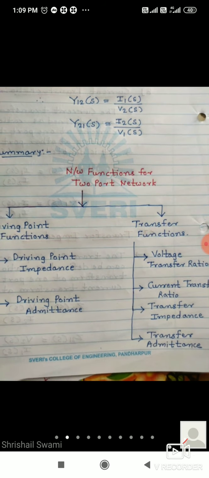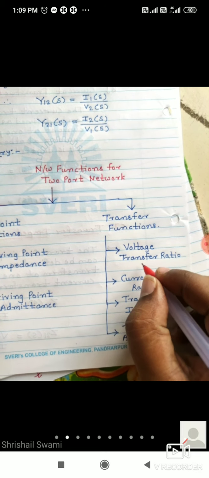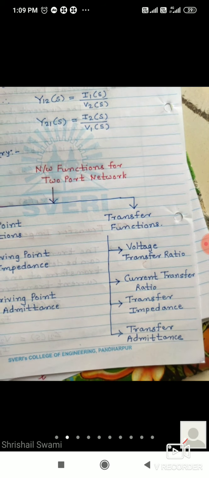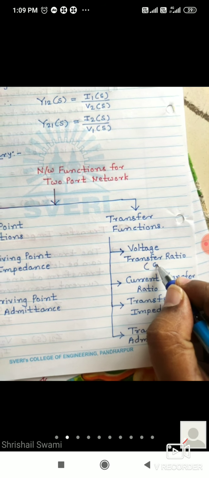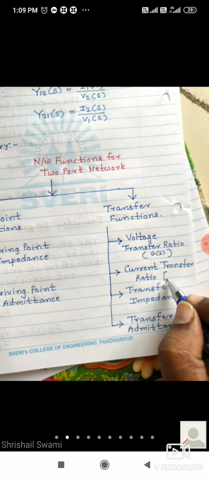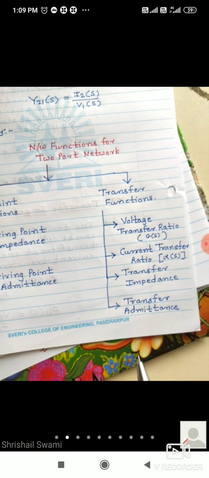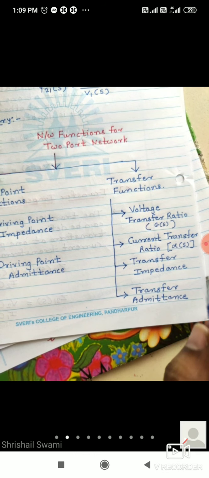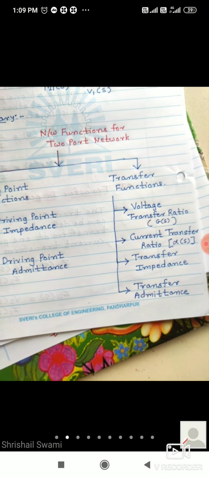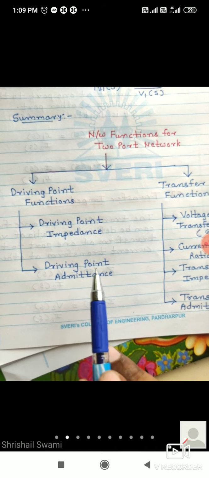Okay, or simply we can add some points here. So voltage transfer ratio it is denoted as G of S, you can write like that. It is denoted as alpha of S so that you can remember the notations. So impedance means Z, admittance means Y. Here also Z and here Y. This is easy.